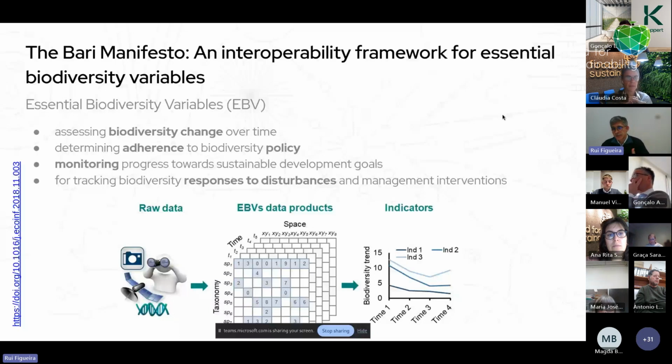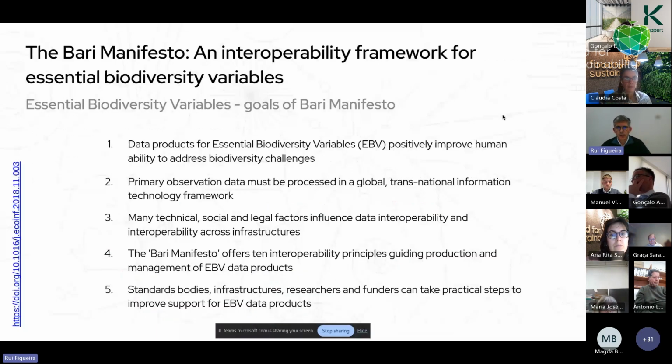And in this other study, we have made a contribution to how we can organize all of this data in an interoperable way. So the goal of the study, listed here, was essentially to make sure that data is available, can be combined and used.